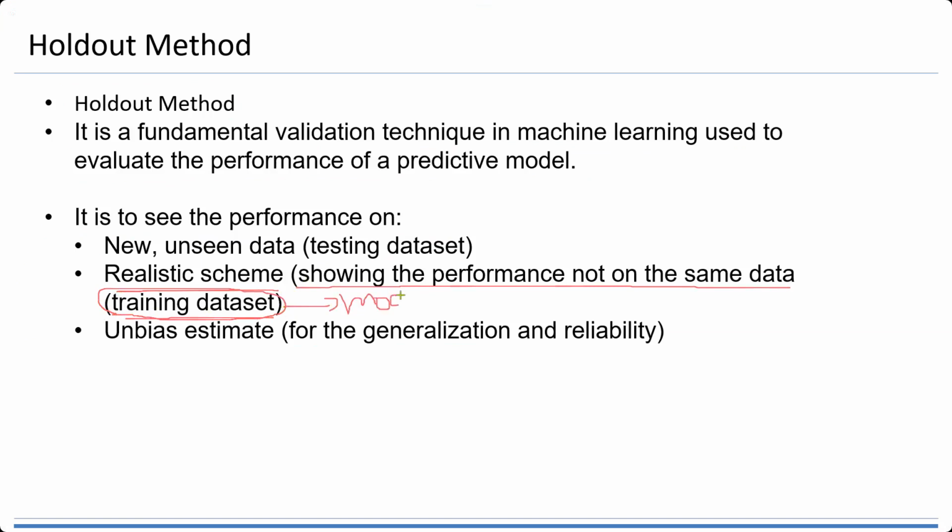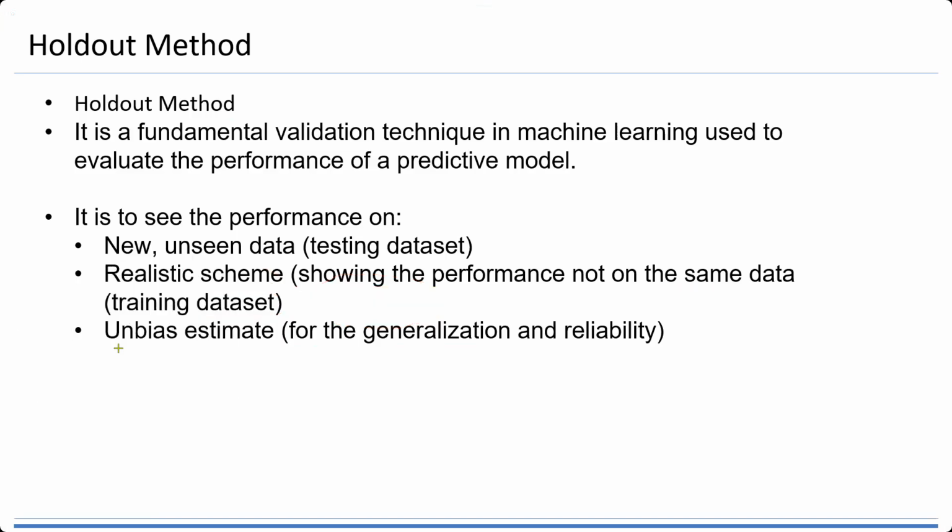The model cannot be used to measure the performance on that same data. It is realistic because in the real world you will predict something you never knew before, something that is new, something that people do not know before. We call this the realistic scheme.